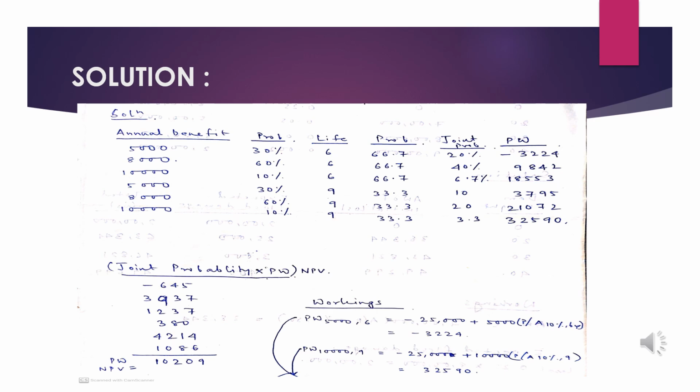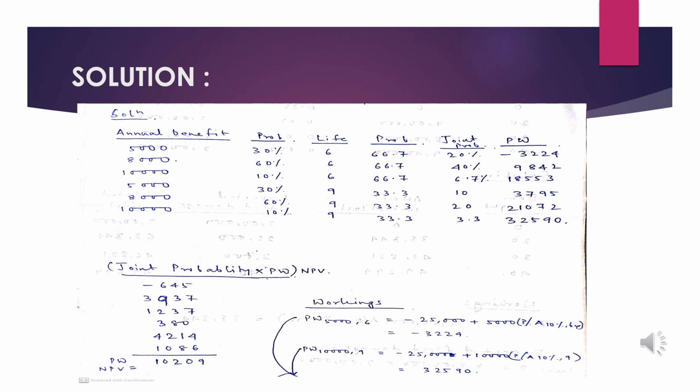Very similarly, if we continue for the 8,000 and 10,000 values, the net present values should come to 3,937 and 1,237.